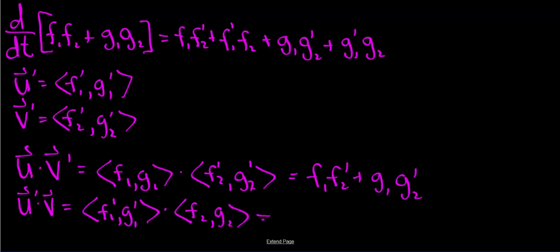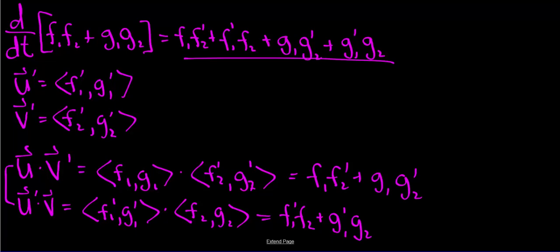So we get f1 prime f2 plus g1 prime g2. Now, remember, we want these two things added together to equal the derivative we found. We want to show that those are the same.